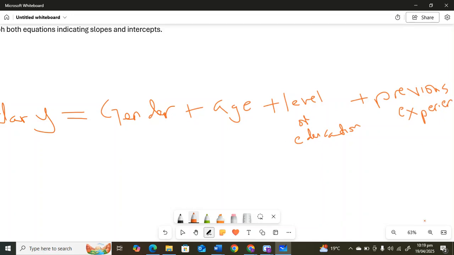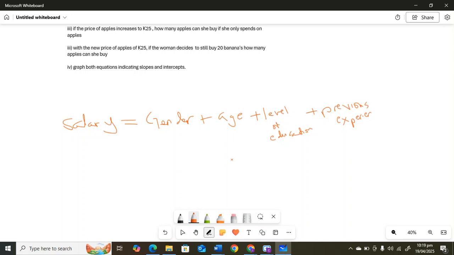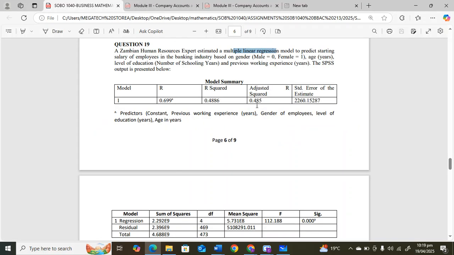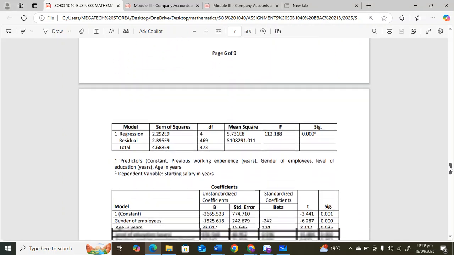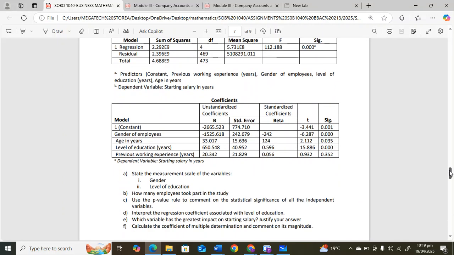This is basically the relationship that we are dealing with here. Someone's starting salary is dependent on their gender, their age, level of education, and previous working experience. So they've already done the test, and these are the results from the test.